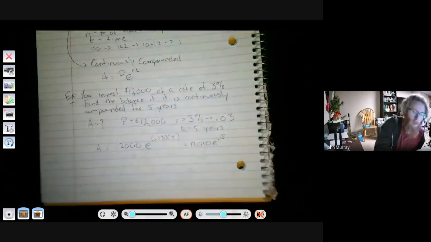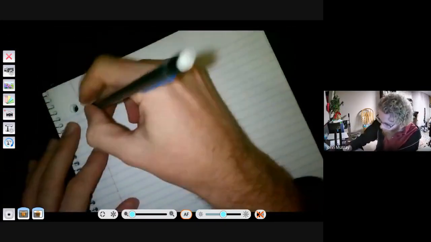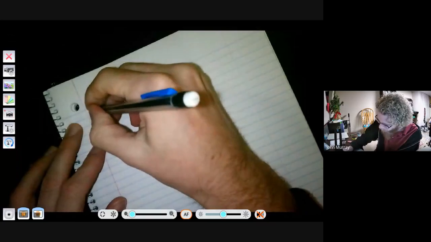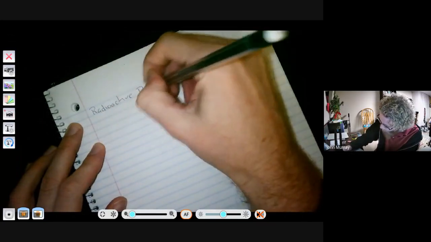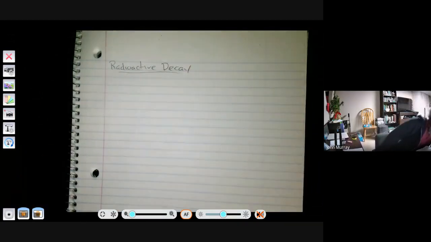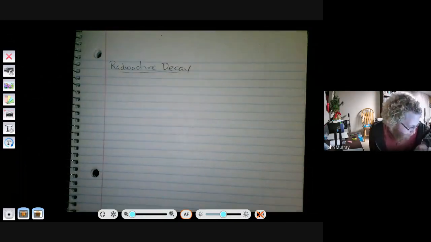All right. So another application that we can use exponential functions with is in science, something called radioactive decay.